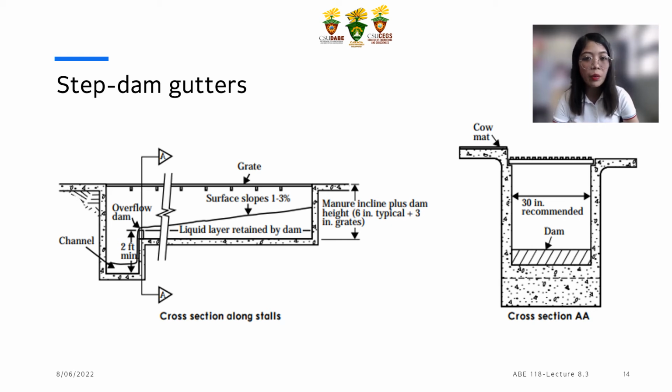Manure drops through a floor grate or slats and flows down the gutter under its own weight. The gutter is about 30 inches wide and steps down to a deeper cross channel below the dam.